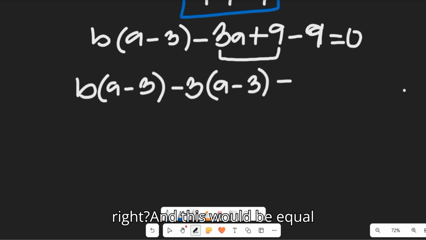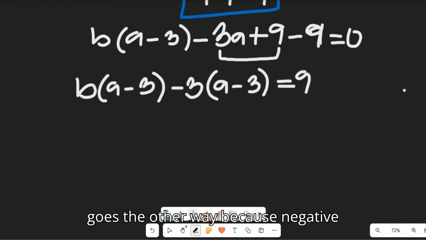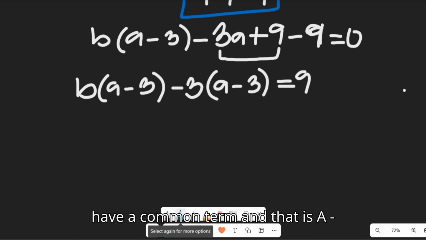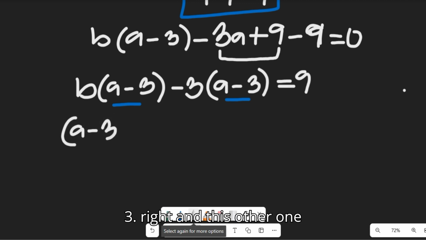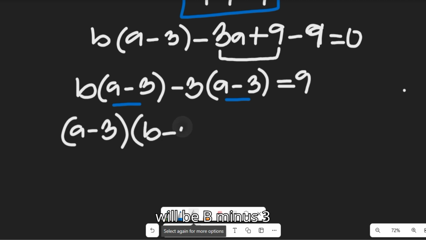And this will be equal to 9 once the 9 goes the other way, because negative crosses the equal to sign to become positive. Now, do you notice that we have a common term, and that is a minus 3 and a minus 3? So we're going to take one of those values, a minus 3, and this other one will be b minus 3, right?